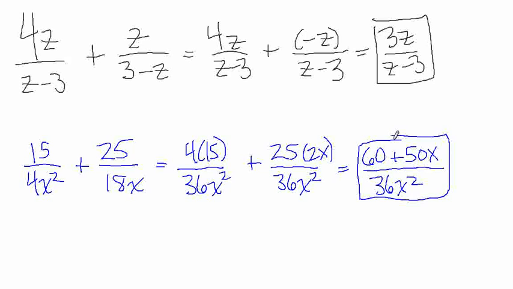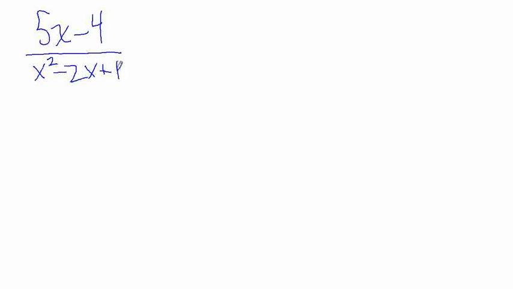Let's now finish by doing what might look like a crazy one. But it uses all the same ideas we've already talked about. 5 times x minus 4 divided by x squared minus 2x plus 1, minus 3x over x squared plus 4x minus 5.